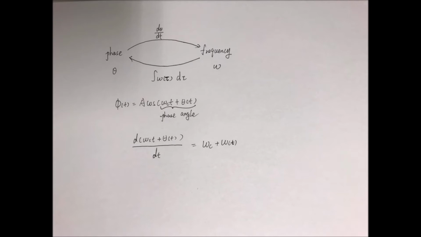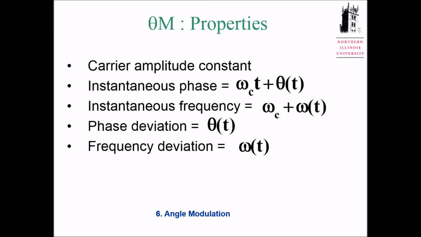Derivative of it, we get instantaneous frequency, right? So d/dt, we get omega_c plus omega(t). In my slide, we use omega(t). So instantaneous frequency is omega_c plus omega(t), which comes from the derivative.